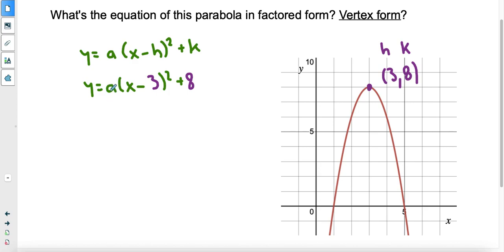Okay, and what's my a value here? Well, we already figured out what a was in the previous example, because we're still looking at the exact same parabola. So we know our a value here, that we just found from before, is negative 2. So there's my equation in vertex form.